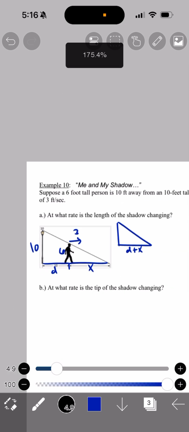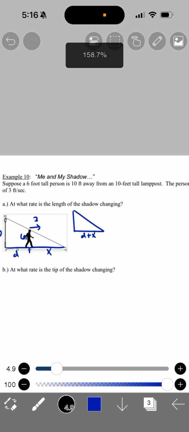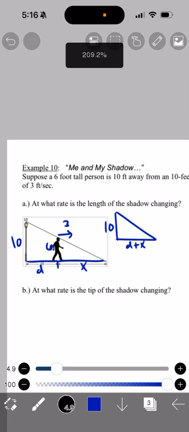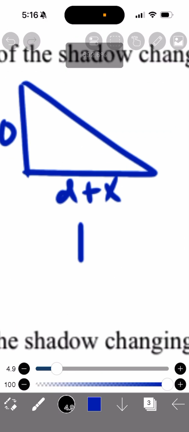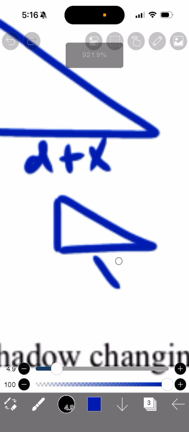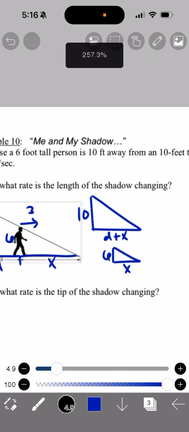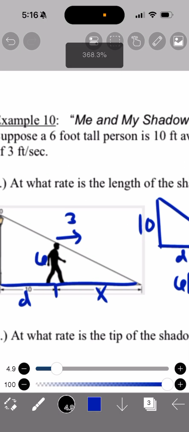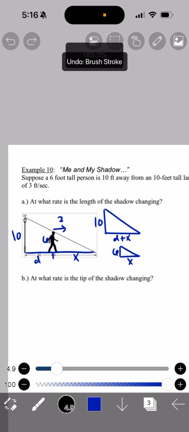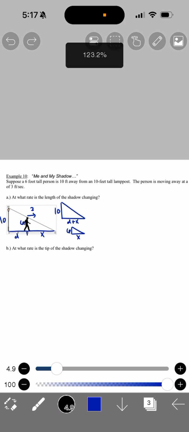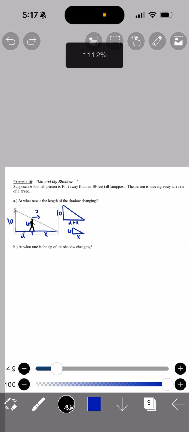And then we know that the lamppost is 10 feet tall. For the smaller one, the distance is X, and our height is 6. Now we want to identify what this 3 is here and what is changing with it, because we're going to need to know that later. If you think about it, the person is moving away from the lamppost at a rate of 3 feet per second.